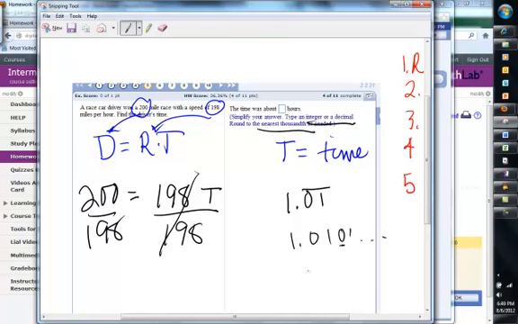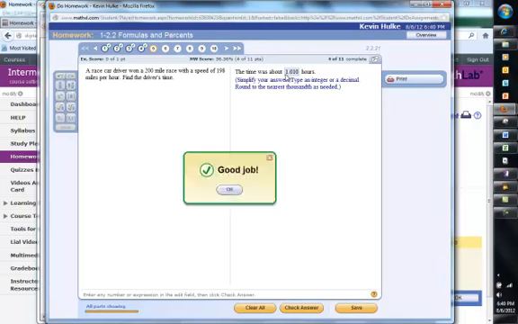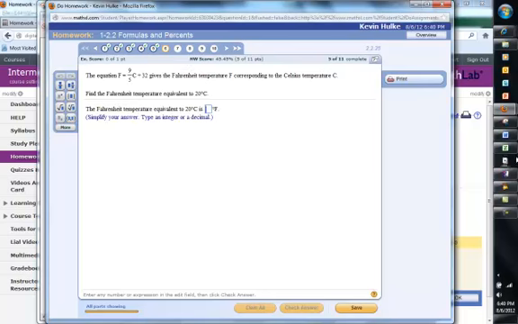Here's the thousandths place, so we'll say 1.010 as our answer, 1.010 hours. And let's see if that makes sense. Yep, number 6.